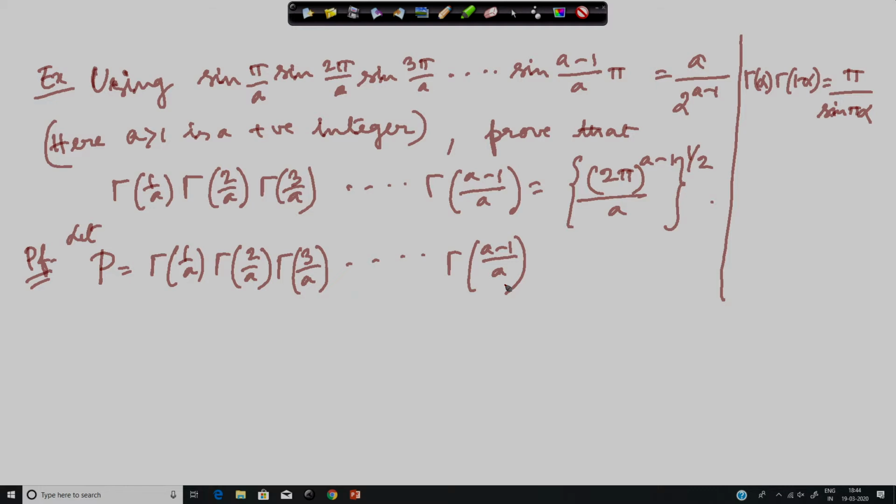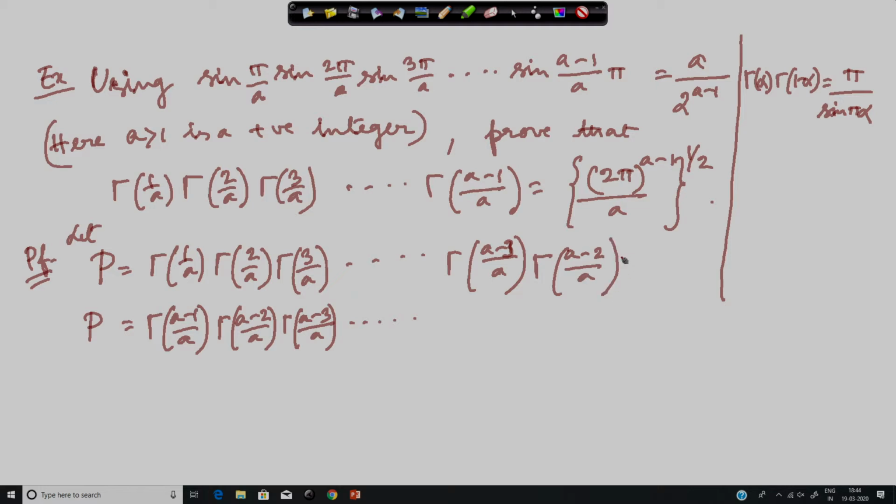So, what we shall do here, we shall write p once again as gamma a minus 1 by a, gamma a minus 2 by a, gamma a minus 3 by a, and so on. Written in reverse order, it is gamma 3 by a, gamma 2 by a, gamma 1 by a.